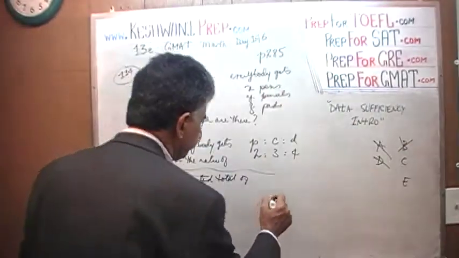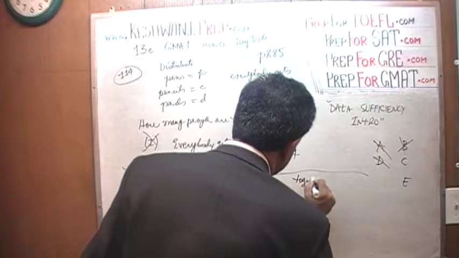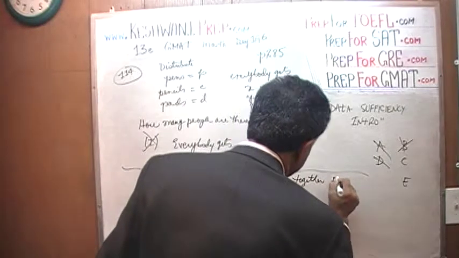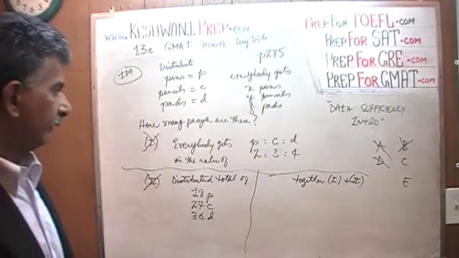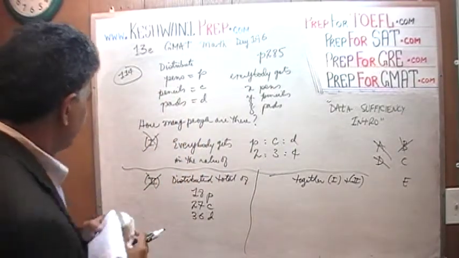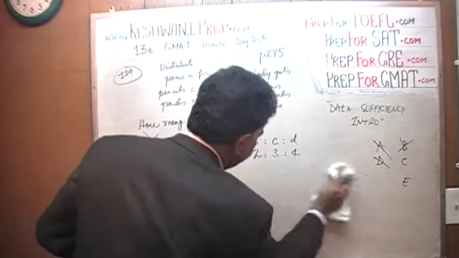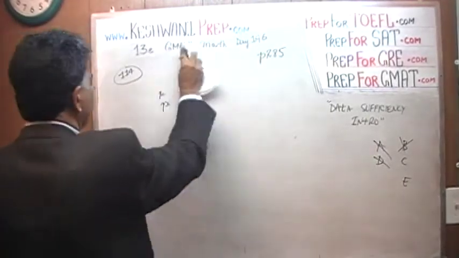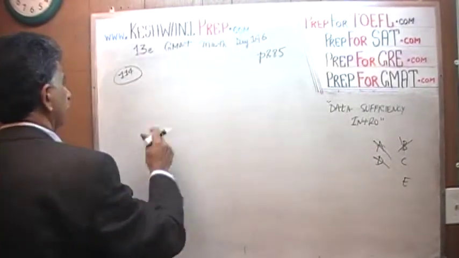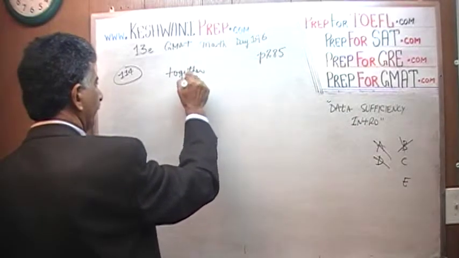Let's put them together and let's see what happens. When we put them together, let's put together 18, 27 and 36, remember. Together, 1 and 2.